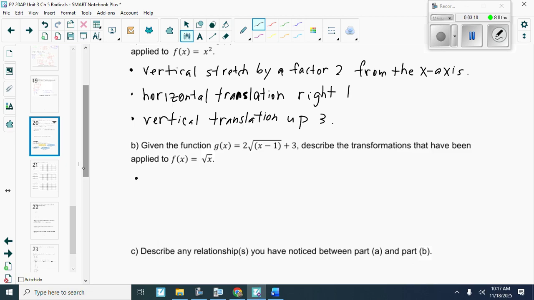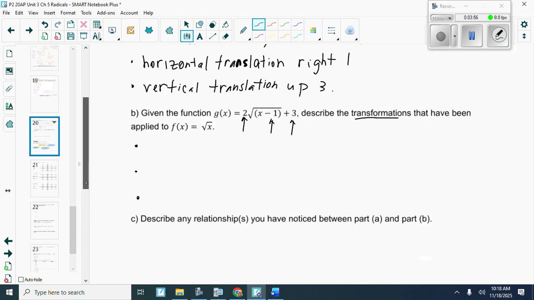This is still a vertical stretch by a factor of 2, a horizontal translation to the right, 1 unit, and a vertical translation up 3. If you like thorough notes, write all 3 statements here again.